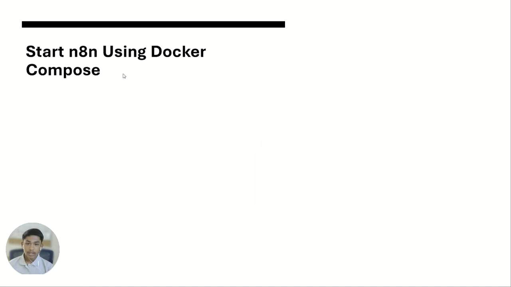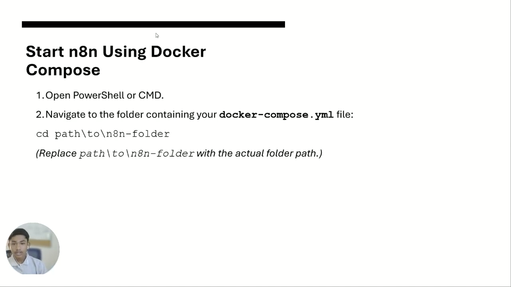And then start n8n in Docker compose. To start n8n, open PowerShell or command prompt or any other terminal of your choosing, and then navigate to your n8n folder with cd, then you copy paste the path to your n8n folder.